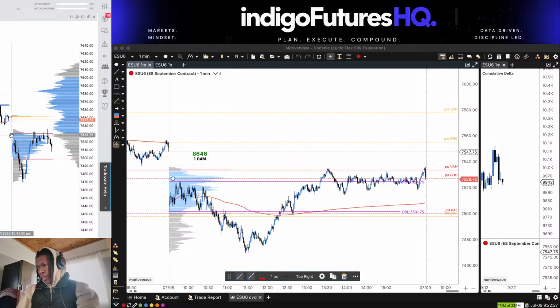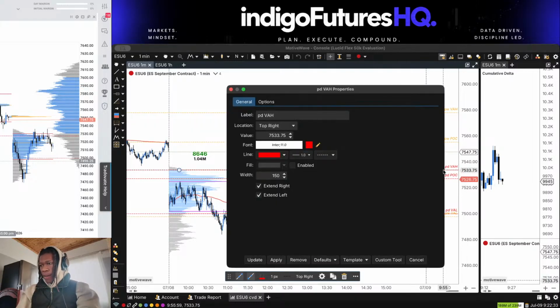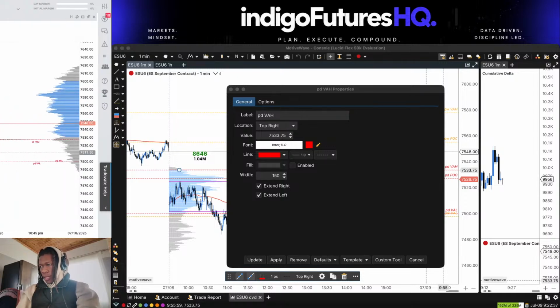Value area high over here is 529. In Motivewave, our value area high is 533.75. So maybe just so we don't have any confusion, let me switch them off.